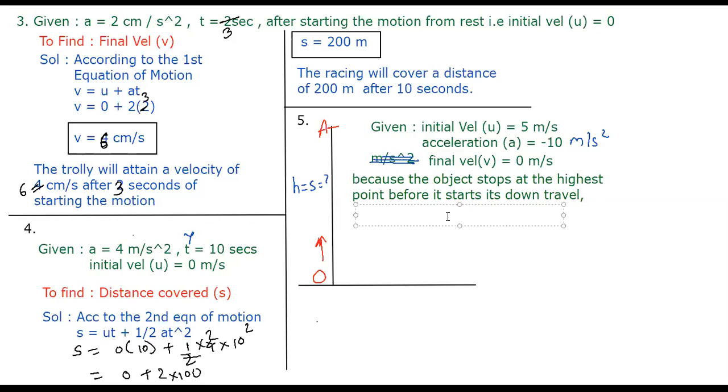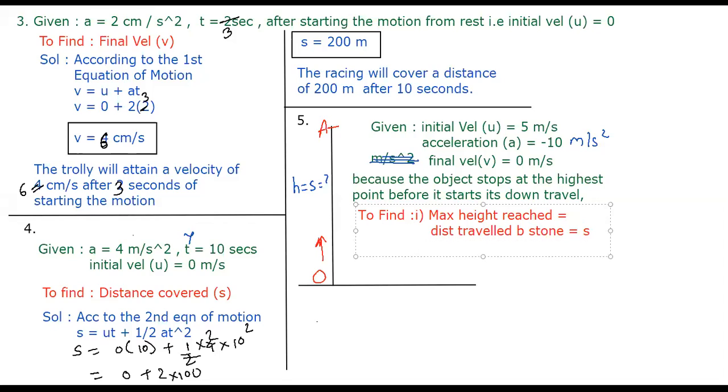Two things we have to find. Which are those? Height and time. So, to find the maximum height reached, that is equal to the distance traveled by the stone, that is equal to s.